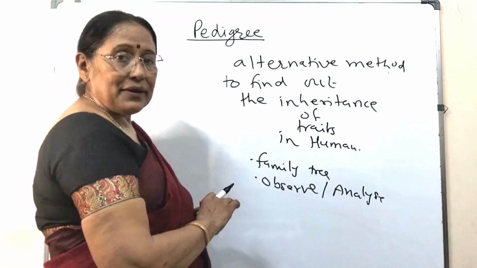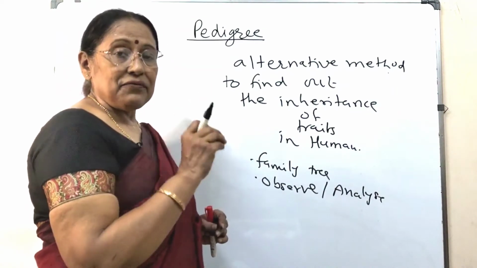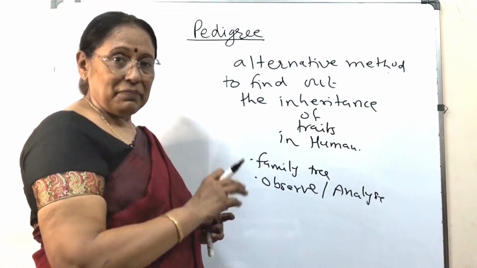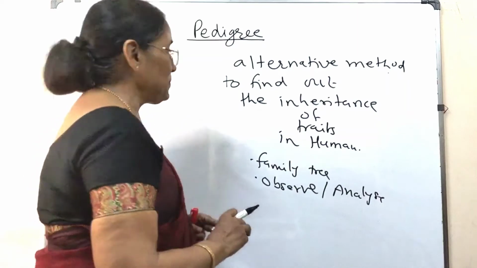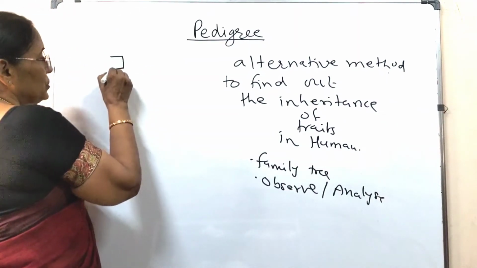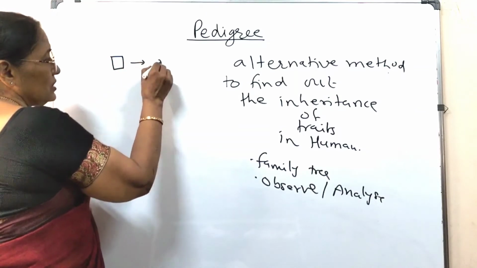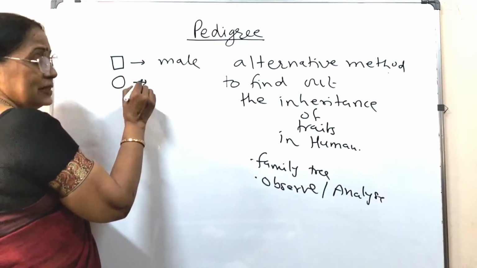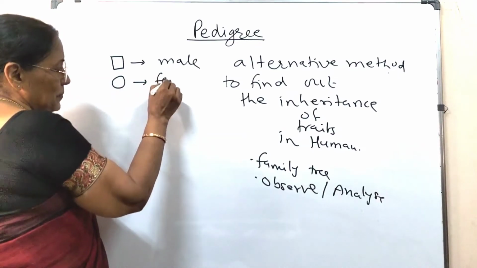Clear? Now let us see the different types of symbols which we use while we prepare the pedigree chart. For male, we show this symbol. This is for male. Round structure, this is for female.